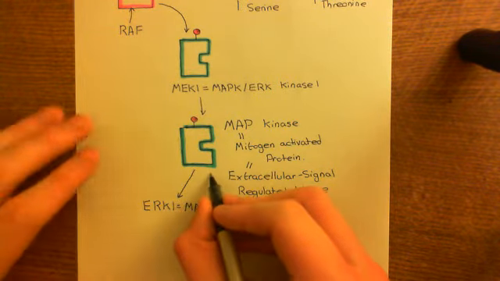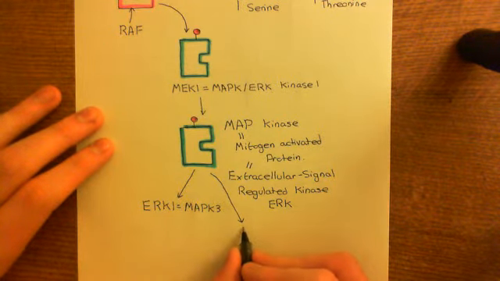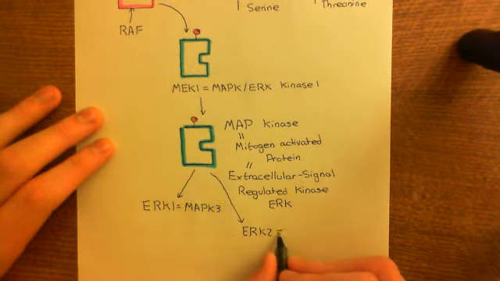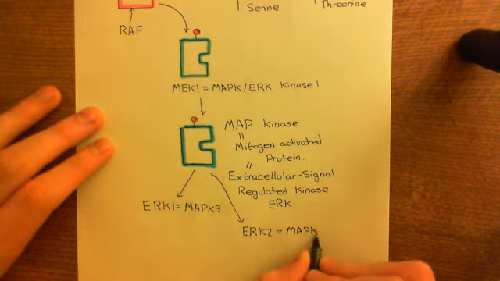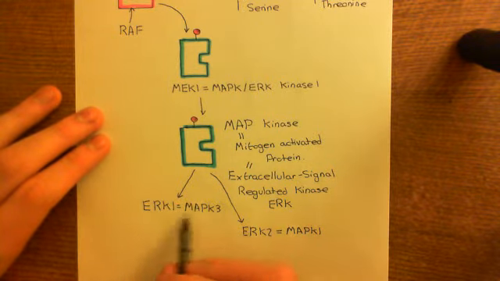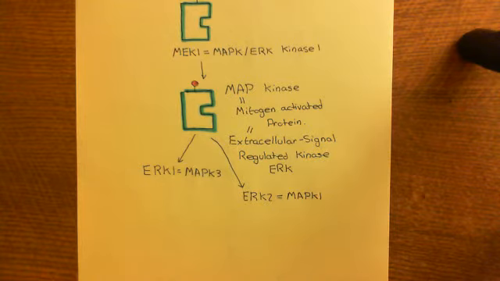Another one that will be activated by MEK1 is extracellular regulated kinase 2, but confusingly, this is now what's known as MAP kinase 1. So the numbers don't match up. MAP kinase 1 is not ERK1, it's ERK2, and ERK1 instead is MAP kinase 3. But these two are important examples of the MAP kinase family, or the extracellular signal regulated kinase family, whichever name you want to use. And these two will both be activated by MEK1.